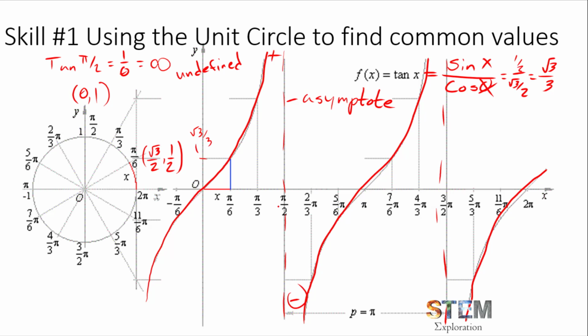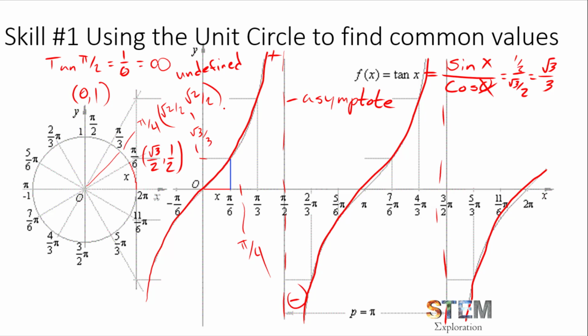Another thing that's worth keeping in mind is that when we have pi over 4, like right here, at pi over 4 you have the square root of 2 over 2 and the square root of 2 over 2. Those are your x and y coordinates.